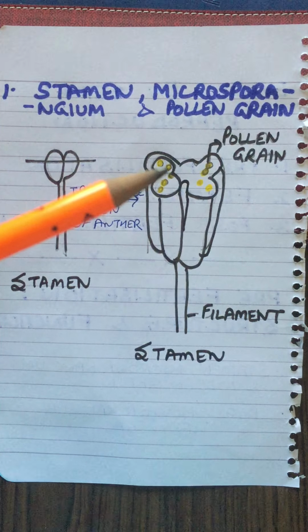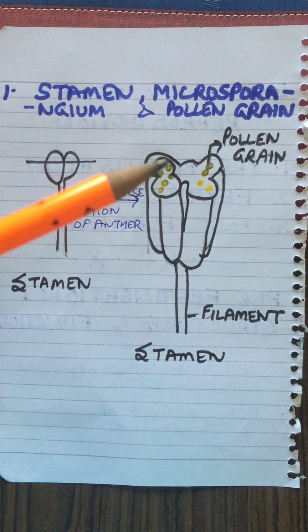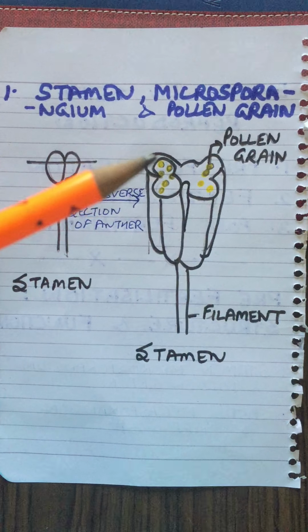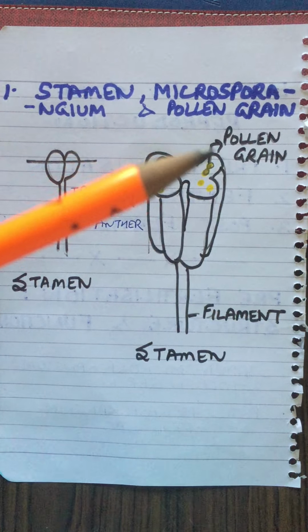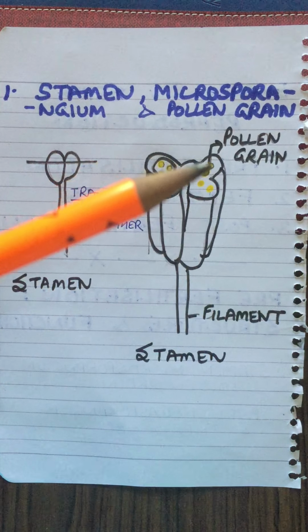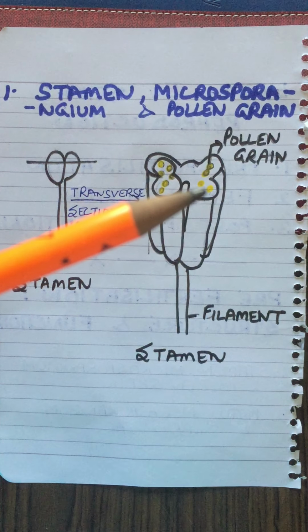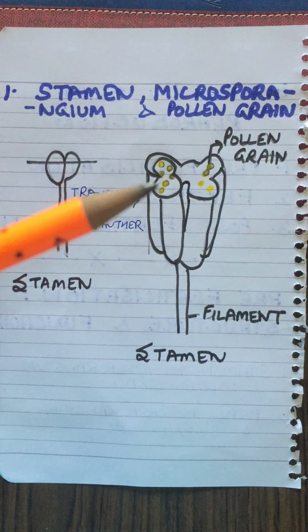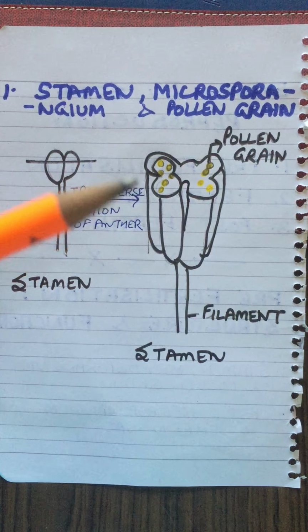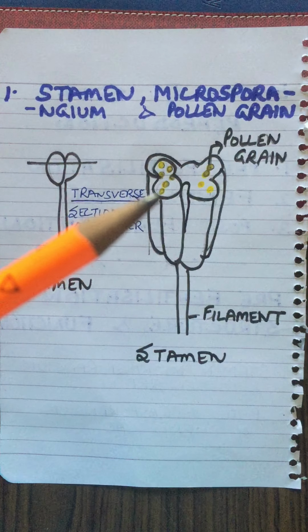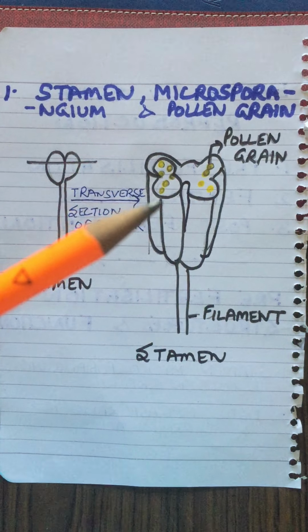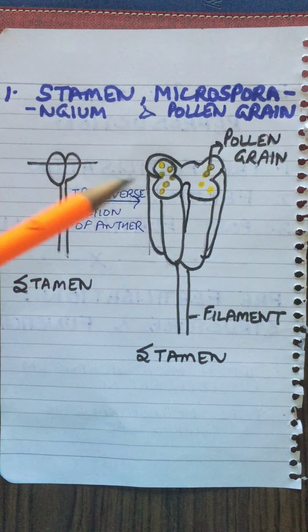You can see each anther lobe has two compartments in it. This is the first compartment, this is the second compartment of one lobe, and this compartment and this compartment are of the second lobe. These compartments are called theca. So each lobe has two theca, or we can say each lobe is dithecous.